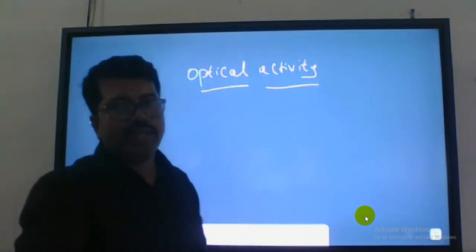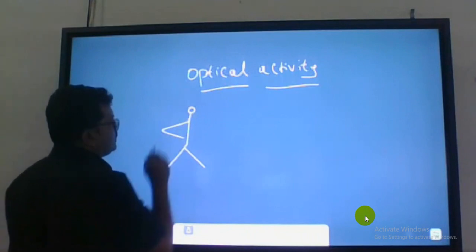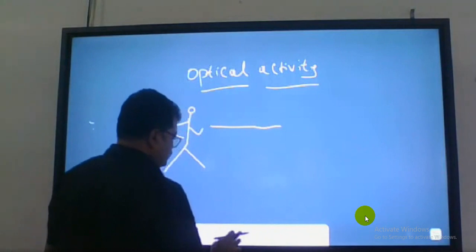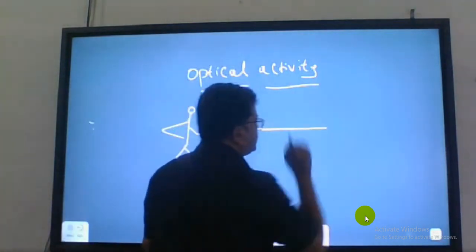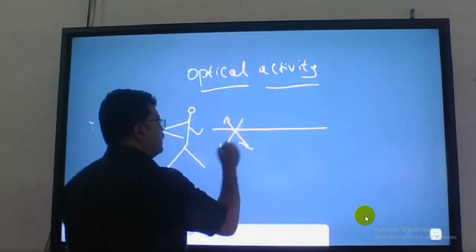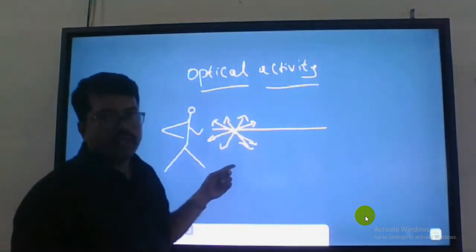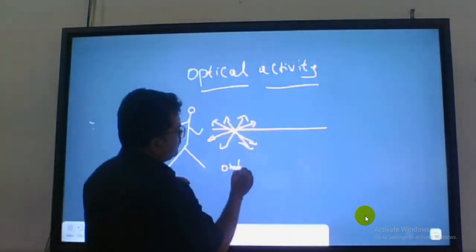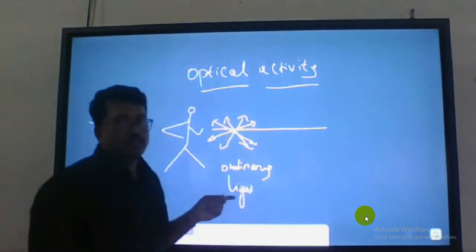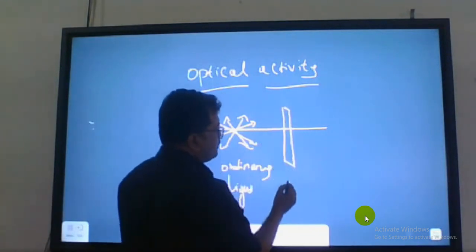I will give an example for this. We pass monochromatic, ordinary light, and put one slit here.